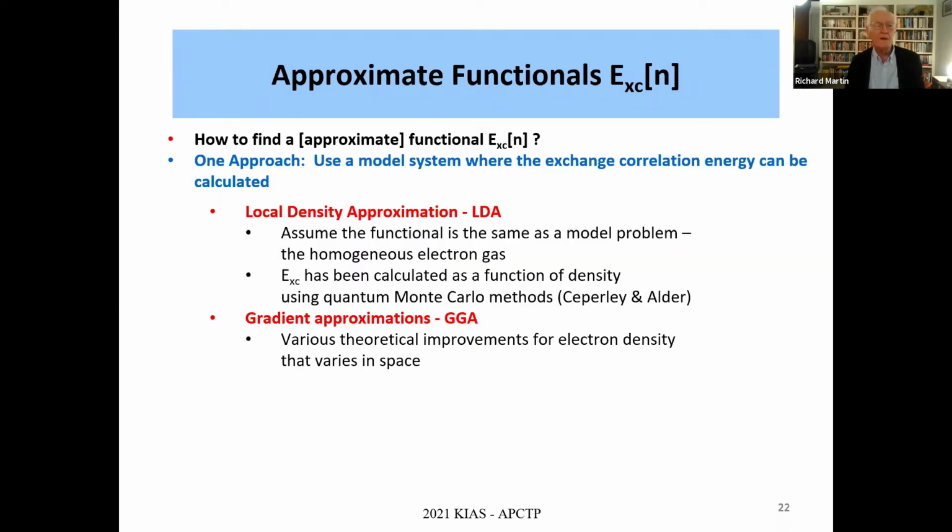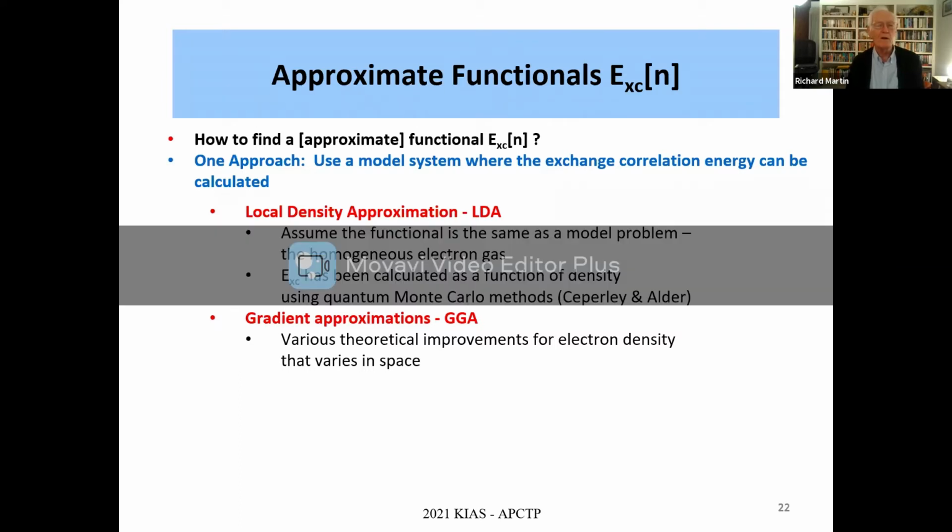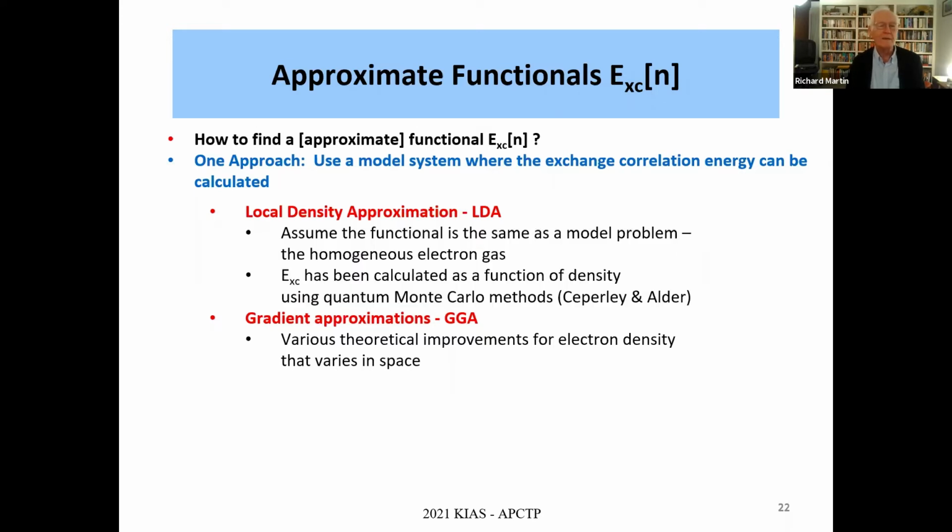And since that's known, there were rather accurate calculations even before, but now we have essentially exact results using quantum Monte Carlo for this functional, which is a function of the density. Then once you make that local density approximation, that's it.